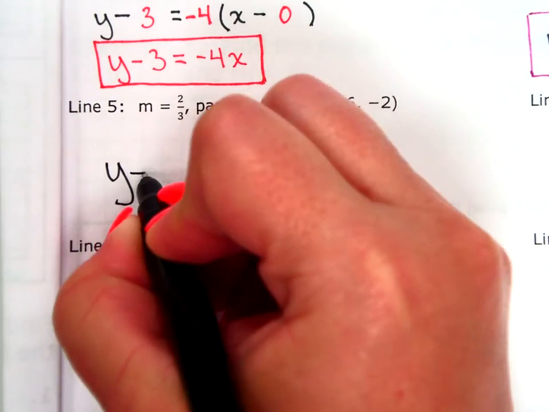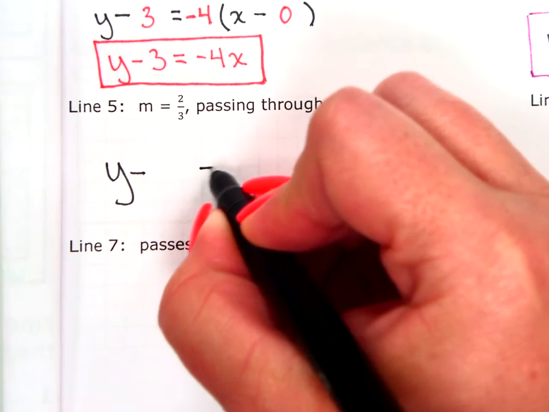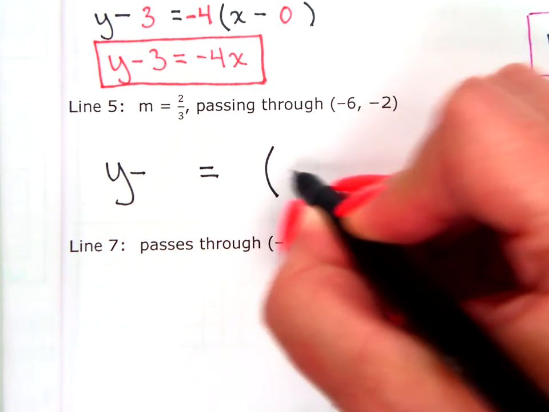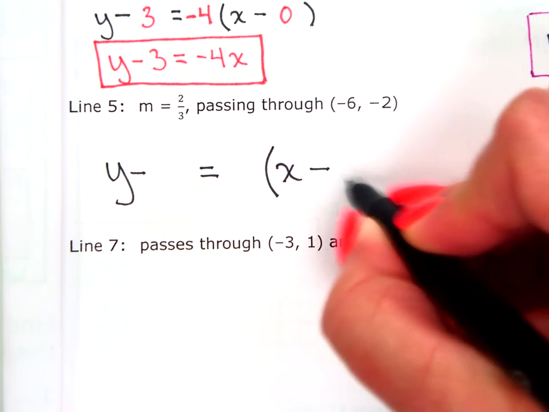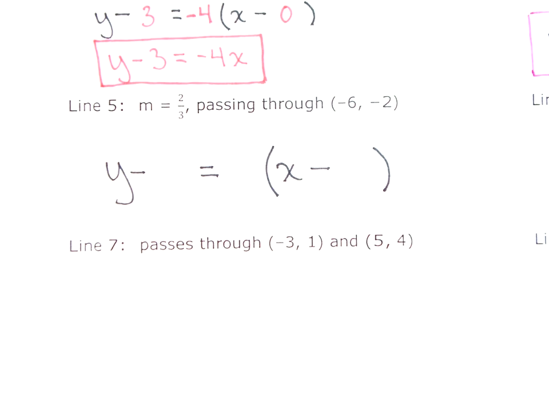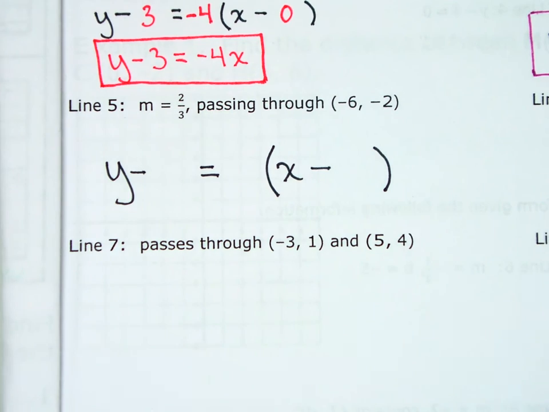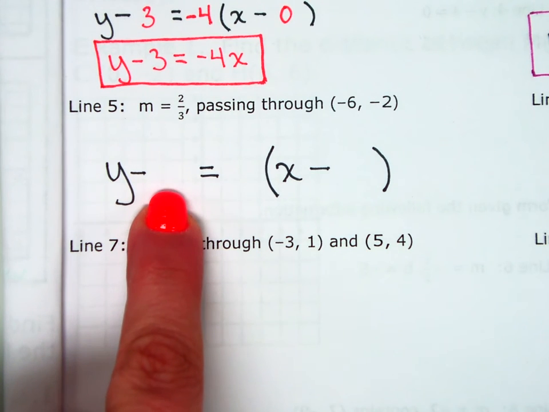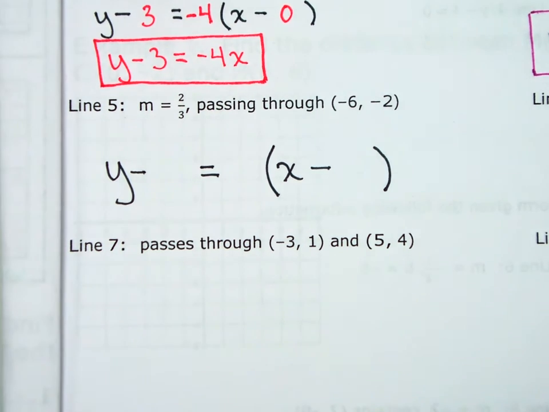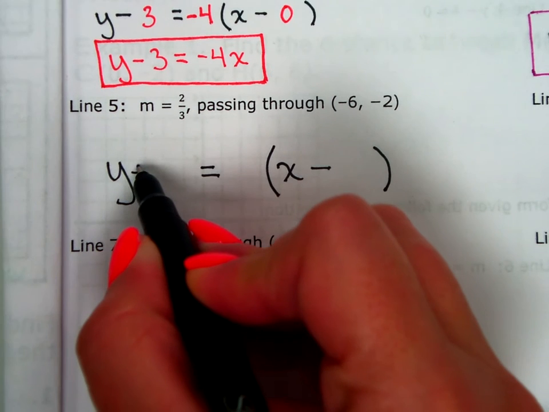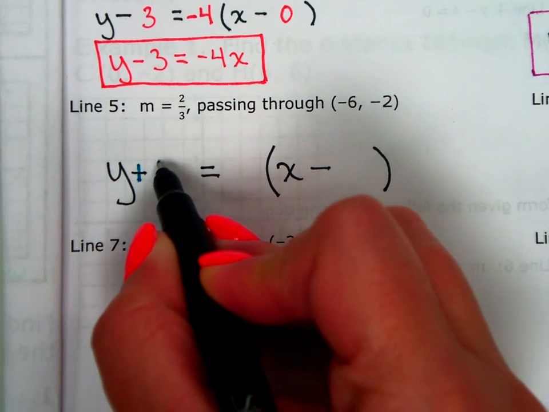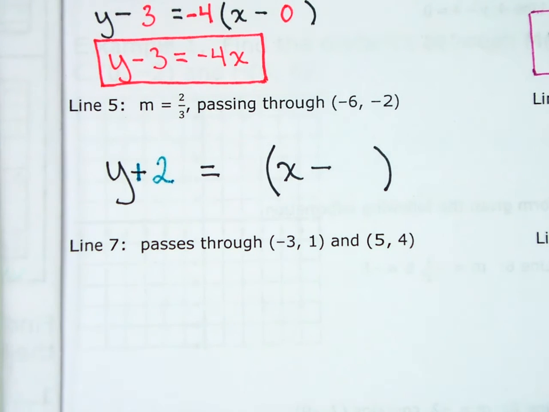If I'm doing y minus, leave a space, equals, leave a space, parentheses, x minus, leave a space, parentheses, what's going to go into my first blank? -2. So instead of doing a negative, I'm going to do my negative as a vertical on top of the plus. -2. Because I know that's going to turn it into a plus.